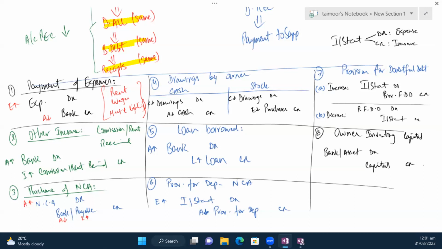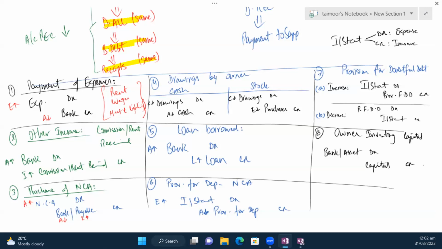So these all are miscellaneous entries that are used apart from sales cycle and purchase cycle. There could be any other entry as well, okay, but we'll see it along the course of this entire thing. ठीक है जी. Any questions, anyone? No questions.